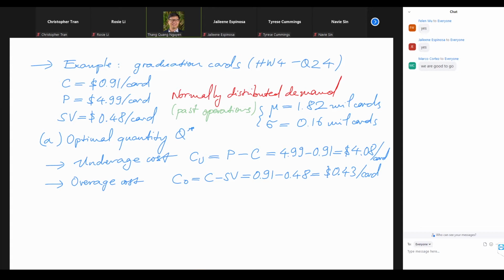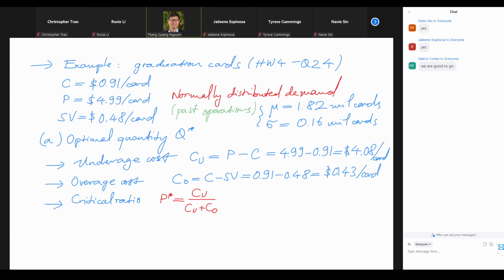Okay, so now we are ready to find the so-called critical ratio. The critical ratio is calculated as CU divided by CU plus CO. If you write it this way, then you will get it correct.